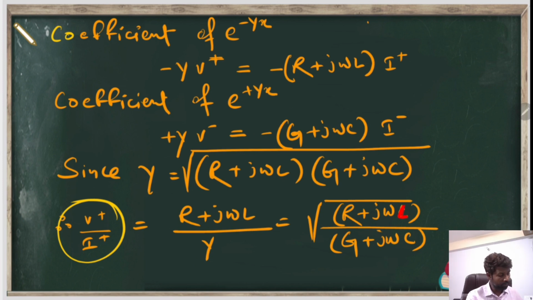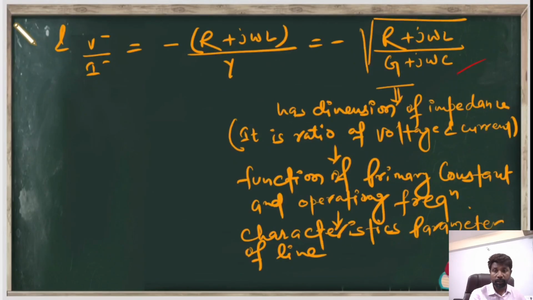Substituting the value of gamma, the ratio of v plus upon I plus is equal to Z0, the characteristic impedance of the transmission line. This is equal to the square root of r plus j omega l divided by g plus j omega c.